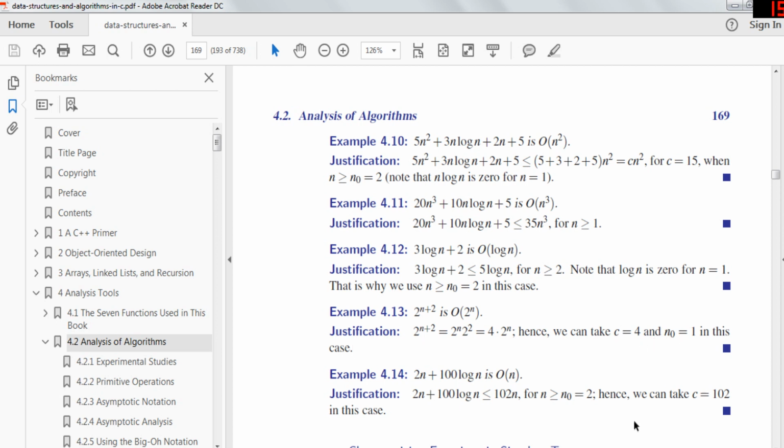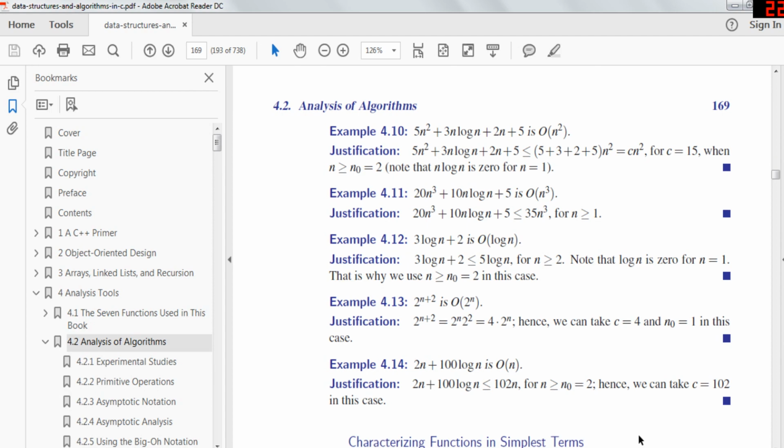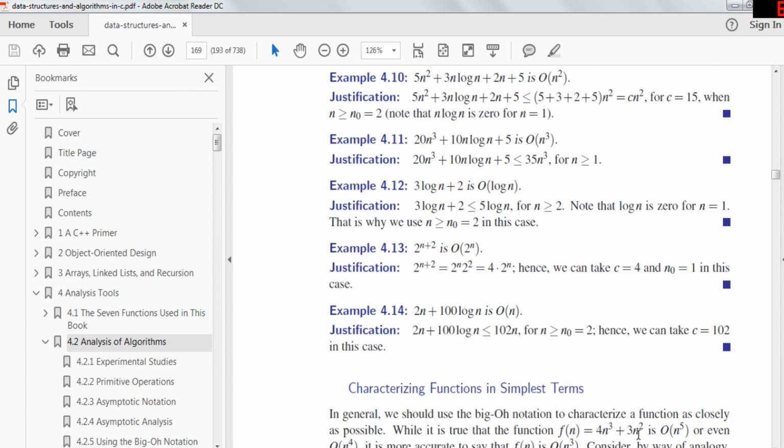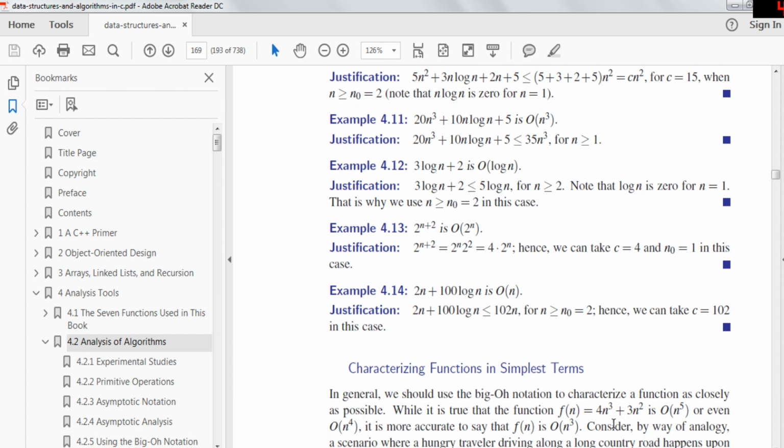Okay. 2n plus 100 log n is O of n. 2n plus 100 log n is less than or equal to 2 plus 100 times n. Oh, okay, they're multiplying by the highest value, the function that trumps this, which is n.